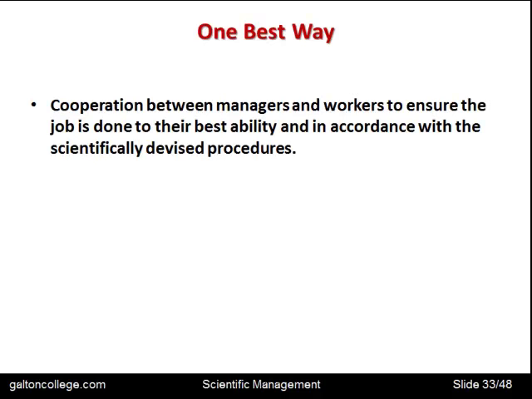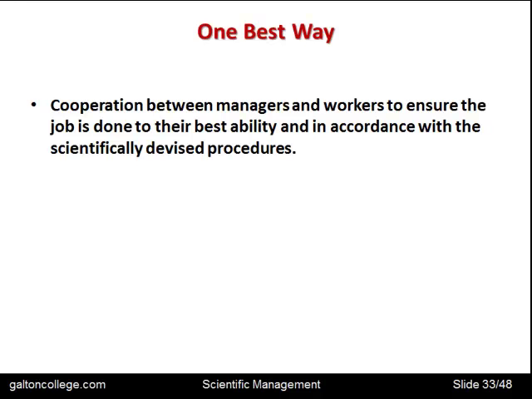Cooperation between managers and workers to ensure the job is done to the best of their ability and in accordance with the scientifically devised procedures. So there should be cooperation between the managers and the workers to ensure the job is done to the best of their ability.